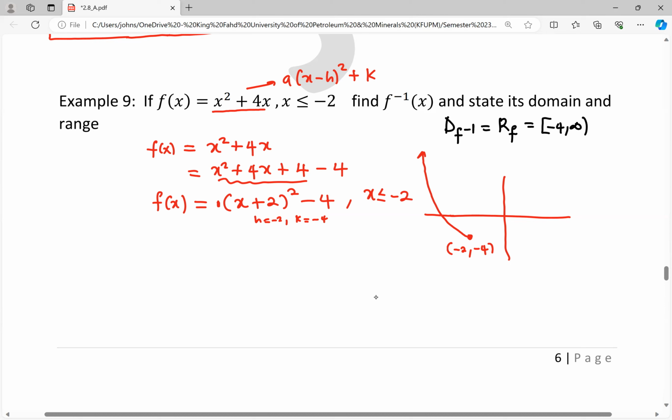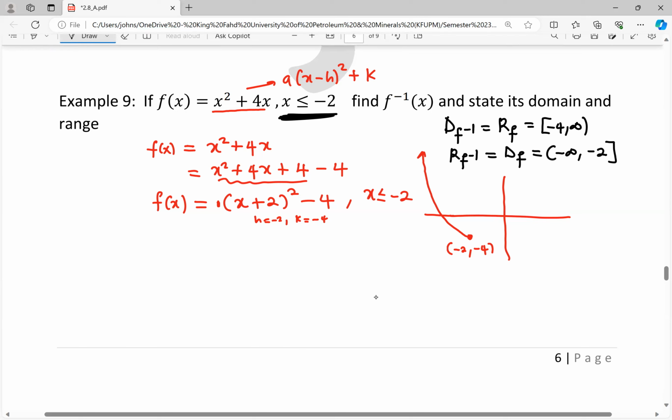So if it has a minimum, the range will be from K to where? From K to infinity, right? And we can also find the range of F inverse, which is just the domain of F. But the domain of F is already given, which is this one here. This means minus infinity to what? To -2 closed, right? Okay, we're good.